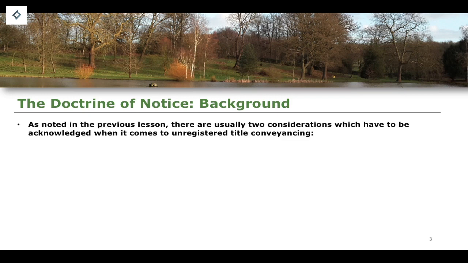Okay, so we noted that there are usually two considerations which have to be acknowledged when it comes to any kind of title conveyancing, registered or unregistered, owing to the legally and logistically complicated process by which the purchase of land takes place, and owing to the considerable amount of money and savings that is required for most people to purchase land in the first place.